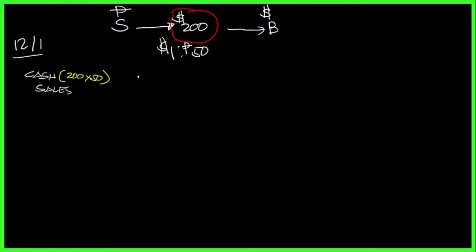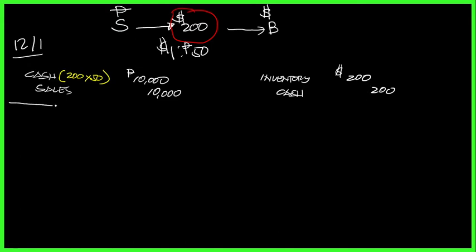So you will now have 10,000 pesos, and then your sales will still be 10,000 pesos. In the books of the buyer, you will now have a debit to inventory and credit to cash, which is amounting to $200.